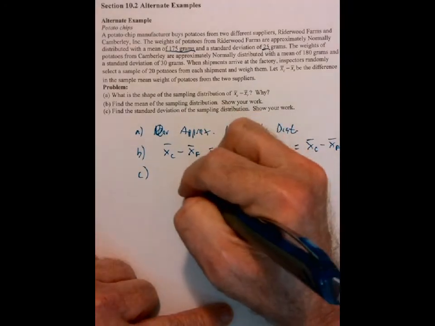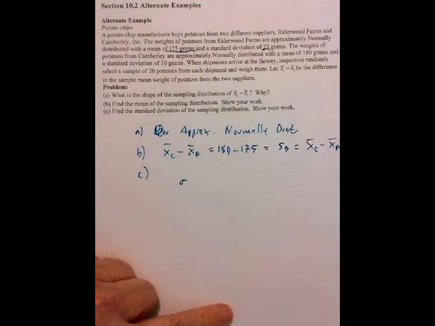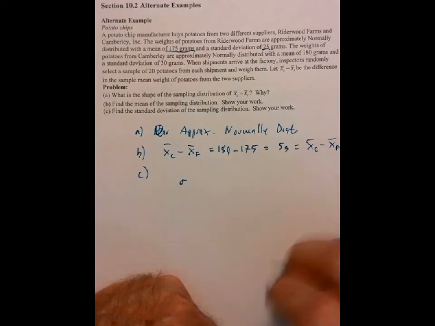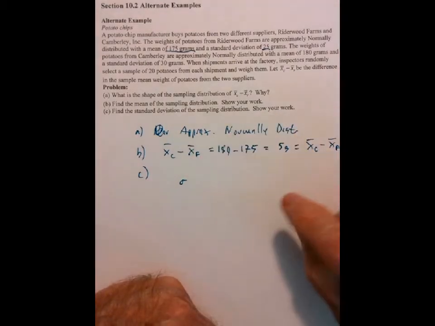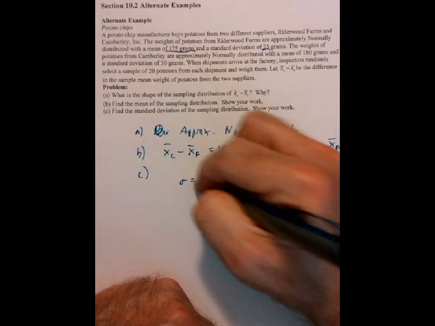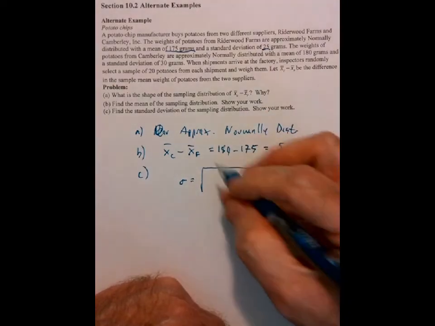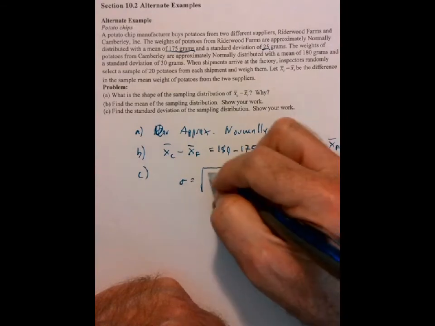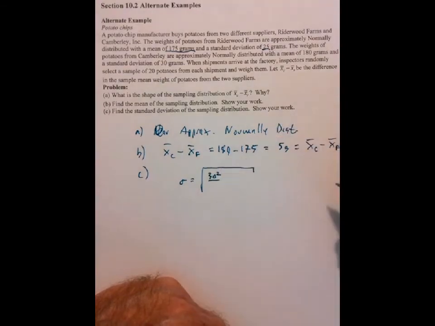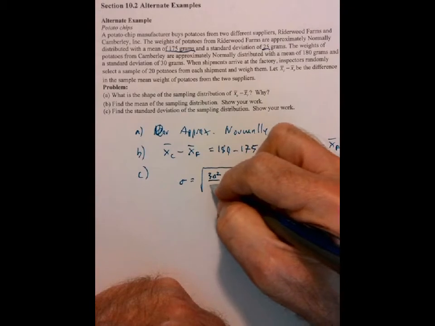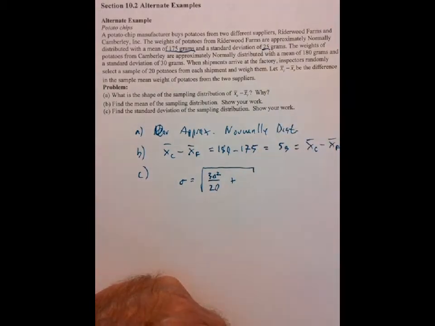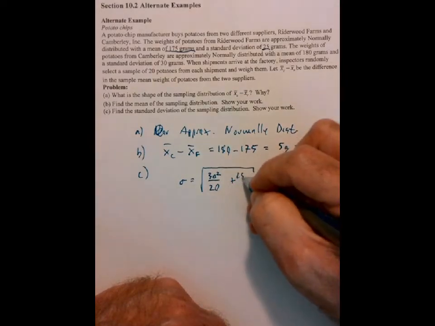So the standard deviation of the sampling distribution is going to be sigma equals the square root of 30 squared, that's Camberley, over a sample size of 20, plus, for Riderwood Farms it says it's 25, so that's 25 squared over 20.